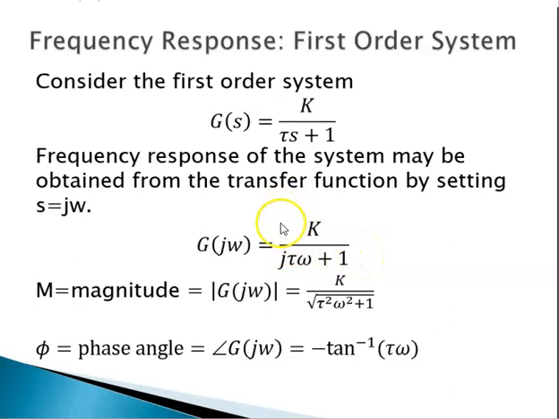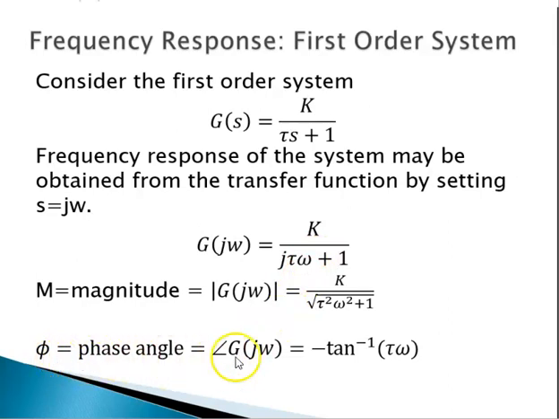So its magnitude can be obtained by magnitude of K divided by magnitude of this complex quantity in the denominator, that is K divided by under square root tau square omega square plus 1. Real part square plus imaginary part square, tau square omega square.